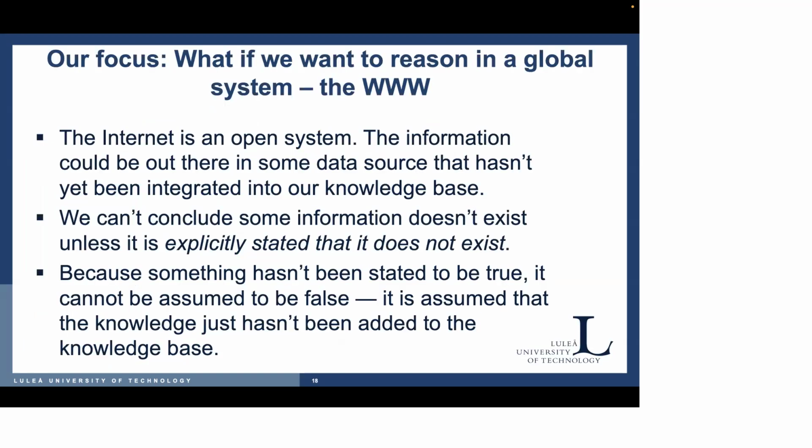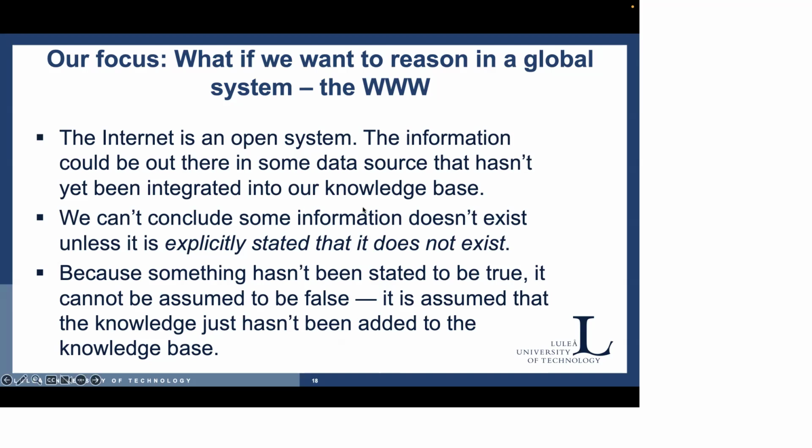So now, as I said, we move into a new domain, and we want to focus on systems of a very, very large scale. Meaning that the information that we are talking about is of the scale of the World Wide Web. So it's lots of information that we want to reason about.